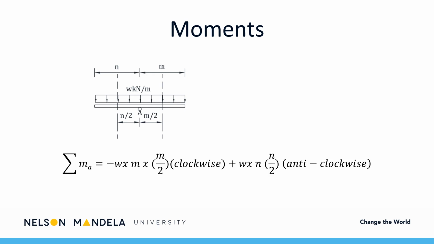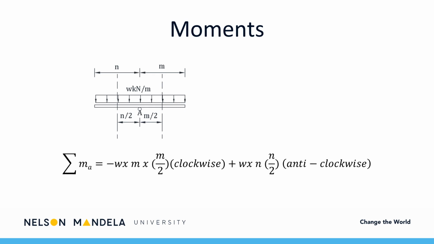The UDL on the right hand side of point A is rotating point A in the clockwise direction, while the UDL on the left hand side of point A is rotating it in the anti-clockwise direction. The distance from point A to the far right is m. The distance from point A to the far left is n.